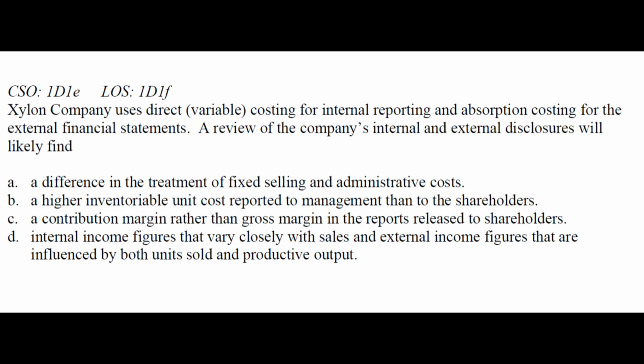This question compares variable, direct, costing used for internal reporting with absorption costing used for external financial reporting. The primary distinction between these two methods is the treatment of fixed manufacturing overhead, FMOH. Variable costing, FMOH, is treated as a period cost and expensed immediately.